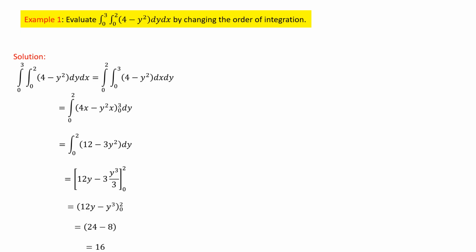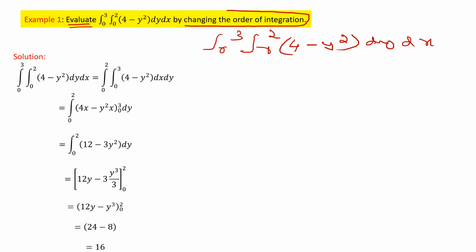So here the question is: evaluate the integral 0 to 3, integral 0 to 2, (4 minus y power 2) dy dx, by changing the order of integration. That means the given order is dy dx and I want to change the order of integration.